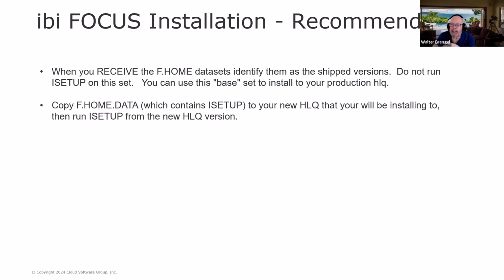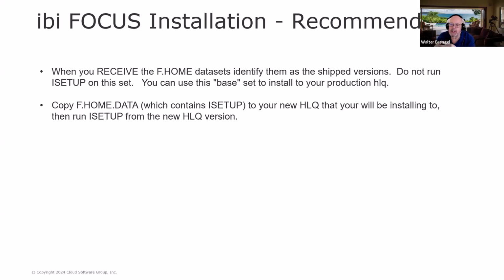If you're copying to a new high-level qualifier, you don't have to copy the individual files over to each of the f.home libraries. You just really need to copy the f.home.data into the new high-level qualifier, and then run iSetup from there.